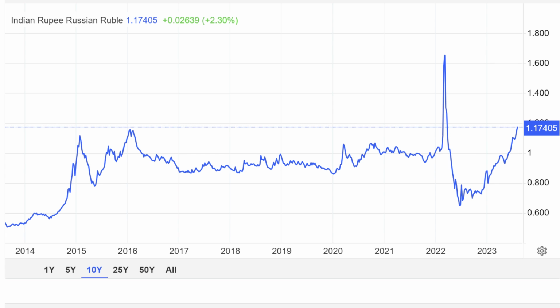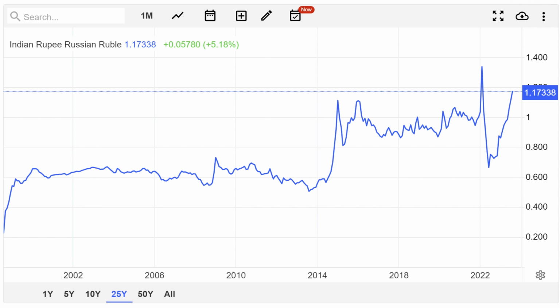The value is the lowest that it's been at any point in the last 10 years, although it did come very close to the current exchange rate back in 2016. And the chart for the last 25 years shows the significant fall in the value of the Russian ruble against the Indian rupee over that period. And of course, the reason that the exchange rate between the Russian ruble and the Indian rupee is important is that Russia has significantly increased the volume of business that it's doing with India.